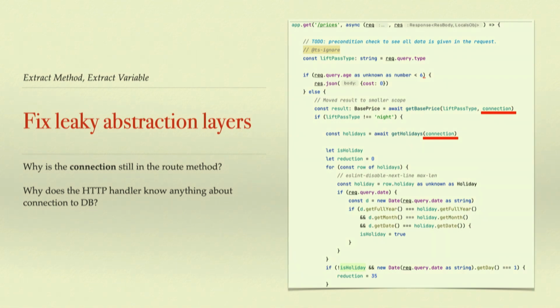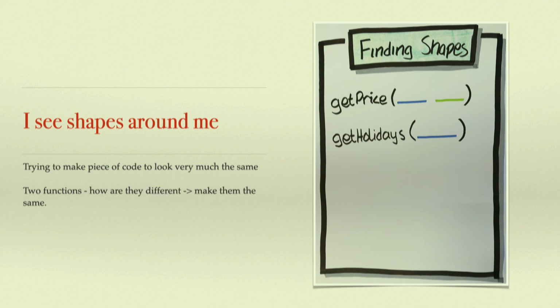And how to do that is I start seeing shapes when I'm programming. One of the biggest learnings for me when doing these code katas, code challenges, is that if two pieces of code look almost the same, and I can turn them to be exactly the same, I can find some meaningful abstractions from the code.